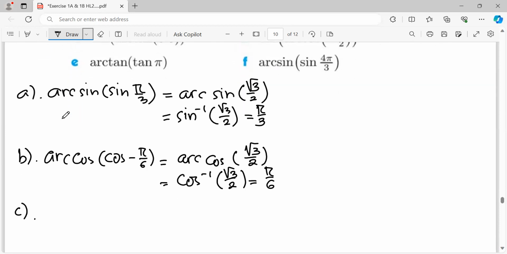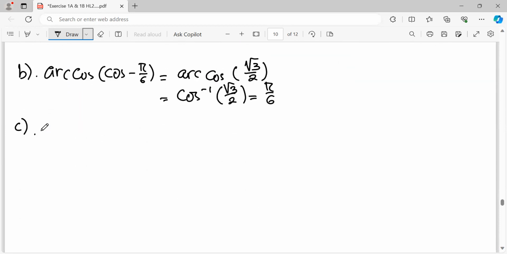Tangent, arc tangent of tangent 0.3. Okay.